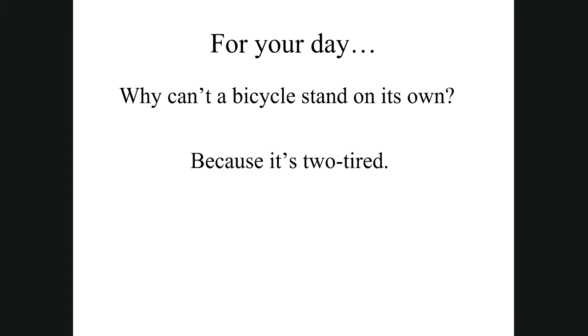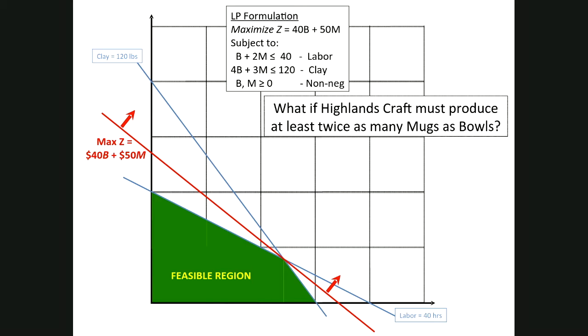The seaboard trucking problem is a transportation problem, and the Mystic Coffee problem is a blending problem, and we'll see how those things work. So let's dive in and begin by talking again about our Highland craft store problem.